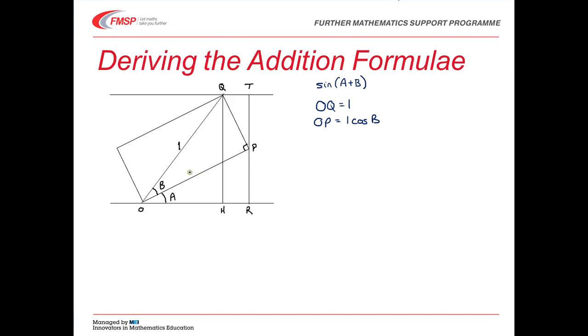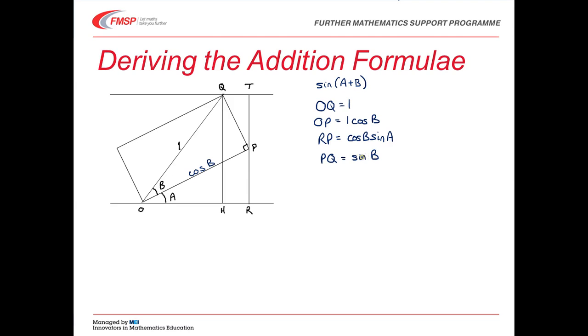We've seen that length OP is equal to cos B, and therefore RP is going to be cos B, the hypotenuse, times sine A. Now look back at triangle OPQ again. We want to find the length PQ, and that is equal to 1 sine B.